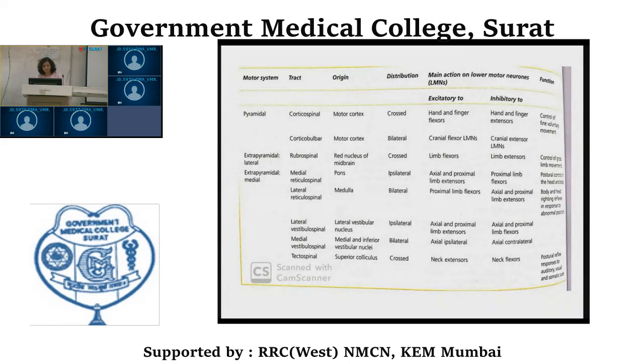The lateral vestibulospinal tract is excitatory just like the medial reticulospinal tract. Both of them are excitatory to axial and proximal limb extensors, and inhibitory to the flexor group of muscles.